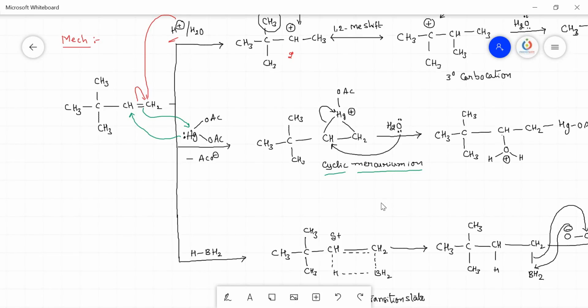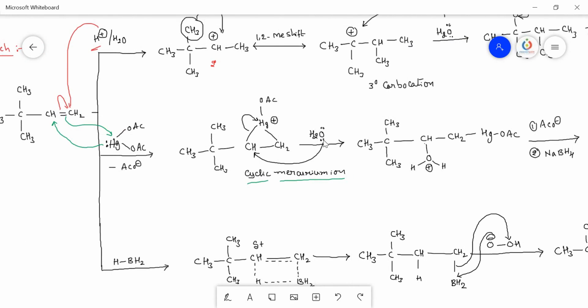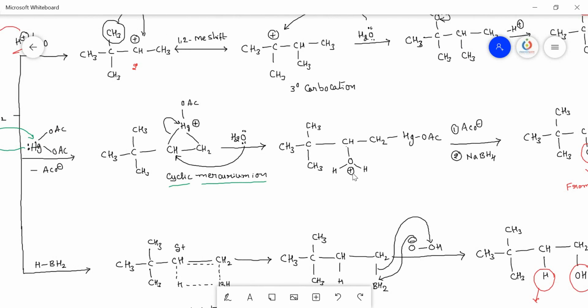So this cyclic mercurium ion will be attacked by the H2O molecule. A pair of electrons is present on the oxygen atom, so it attacks this carbon atom and opens this ring, so that a hydronium ion will be formed here, and the H plus ion from this particular oxygen will be removed by acetate ion, and the link between this particular carbon and mercury will be disconnected by the NaBH4.